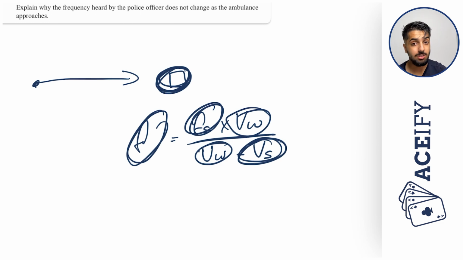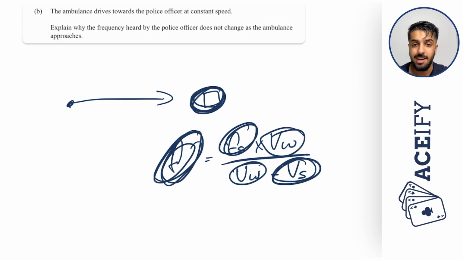To reiterate, even though the frequency that the police officer is hearing is different to the source, the Doppler still takes place, but as the ambulance approaches, that Doppler does not change. It remains at, let's say, 5000 Hz. And again, you can write a beautiful answer based on that theory.